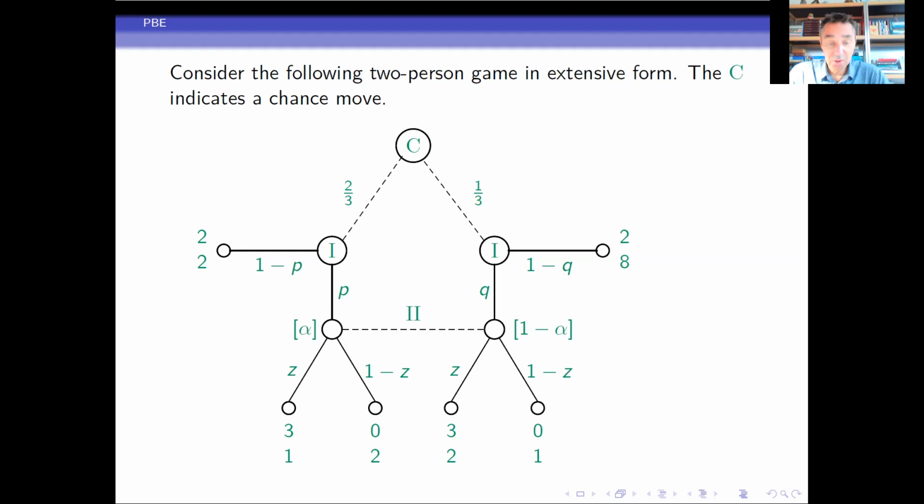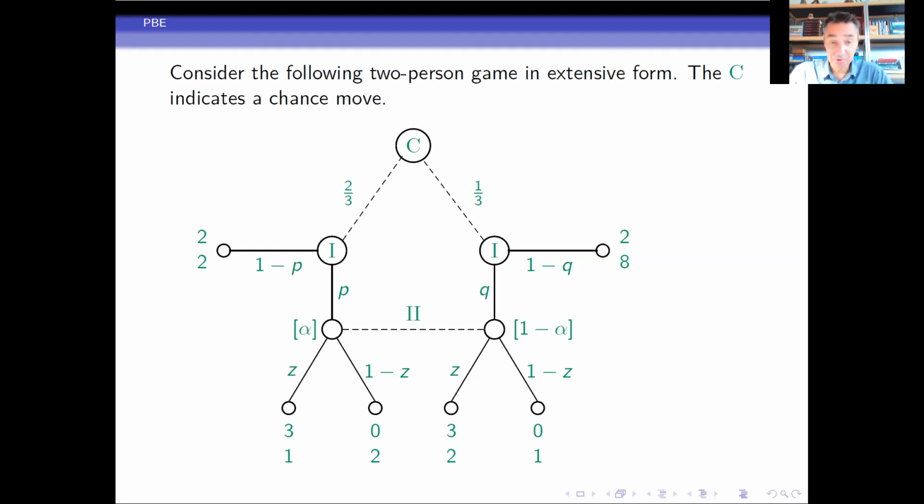So player 1 observes which way we went, to the left or to the right. And depending on that, he can either choose to enter the game, and the payoffs are given. On the left-hand side of the diagram, the payoffs are 2 for both players. On the right-hand side, player 1 gets 2 and player 2 gets 8. Or he can decide to continue the game, in which case the move goes to player 2.